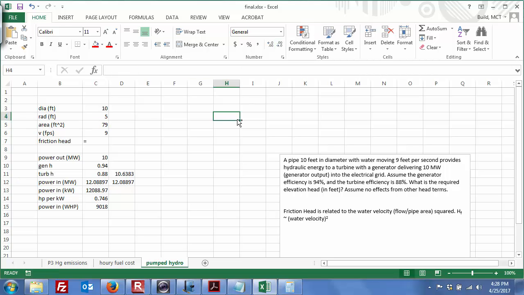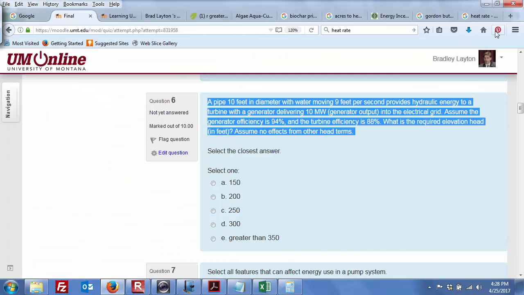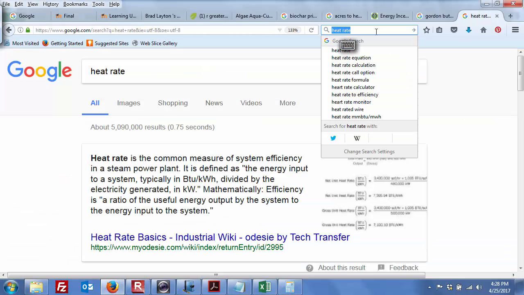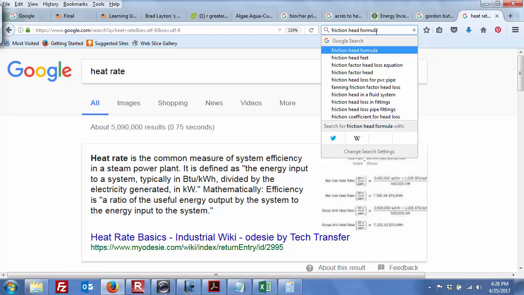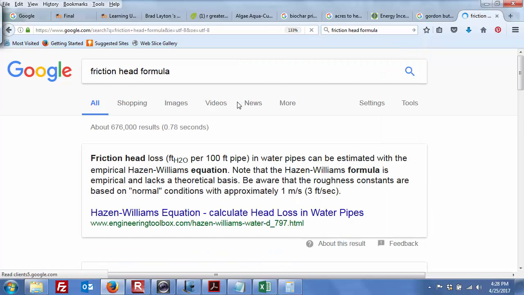That's fine. So let's just look it up here. Friction head for 100 feet of pipe.